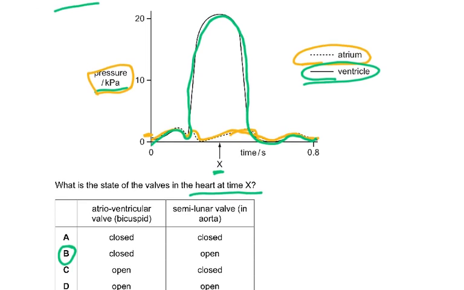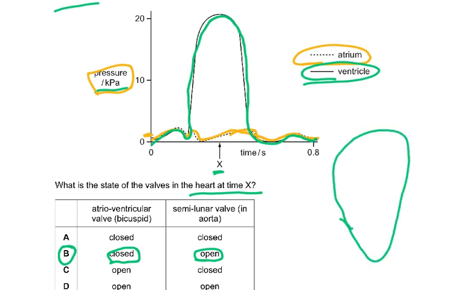The answer to this is B. Why is it B? Because you see these valves are closed and these are open. If you look at the diagram of the heart, this is the left side. So this is the left atrium, and then this is the atrioventricular valve or the bicuspid valve, and this is the left ventricle. The pressure is rising, and then the aortic valve opens.